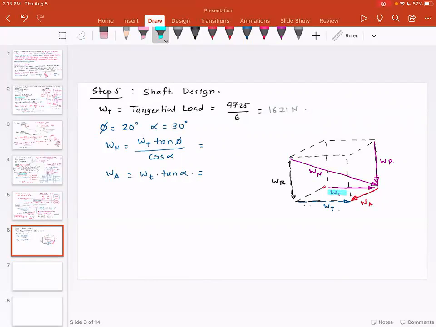So I just want to make sure that everyone is comfortable with this force diagram. If not, I can just show you a sketch.